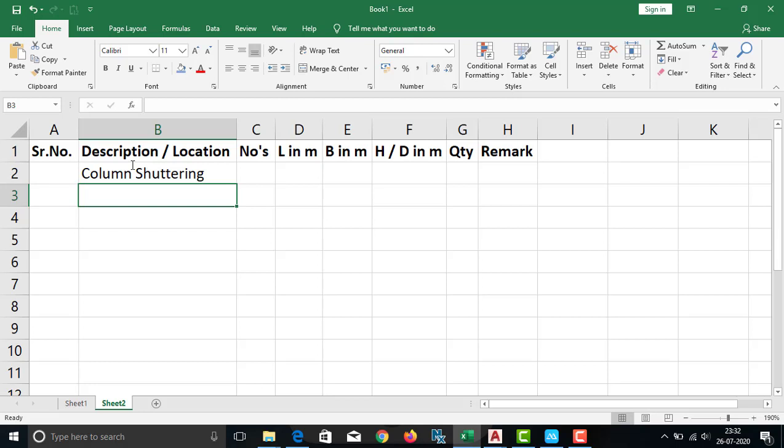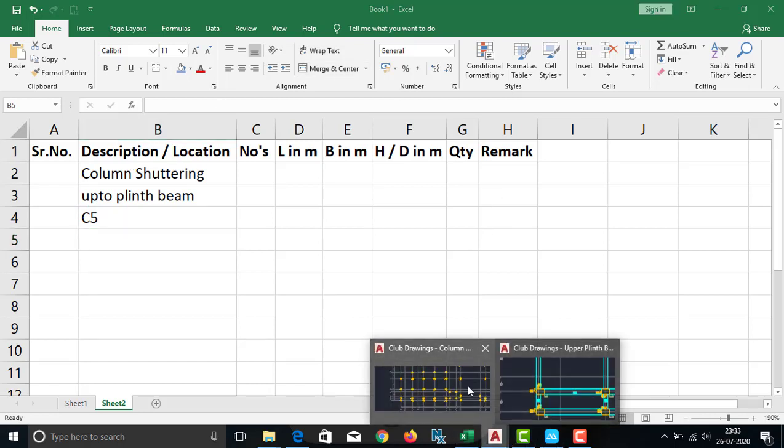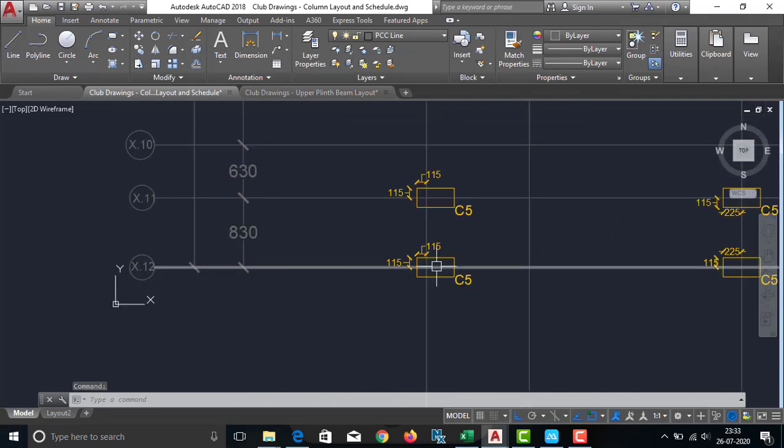The rate is different for foundation level shuttering and above foundation. So here I am writing up to plinth beam, and the column name which I am considering here is C5, and the location is, see the location, that is X12.